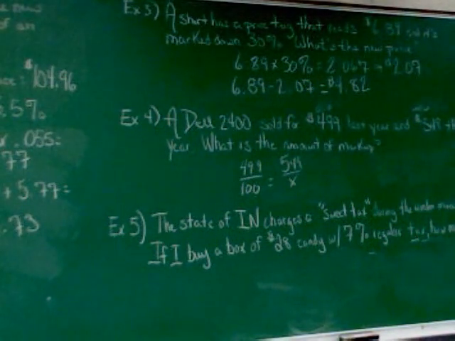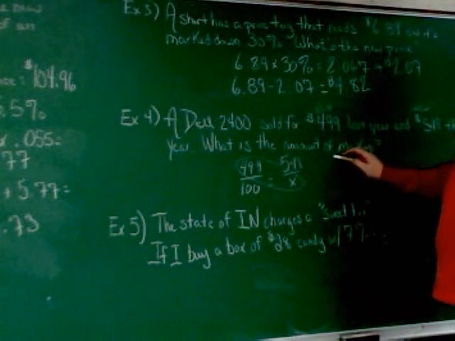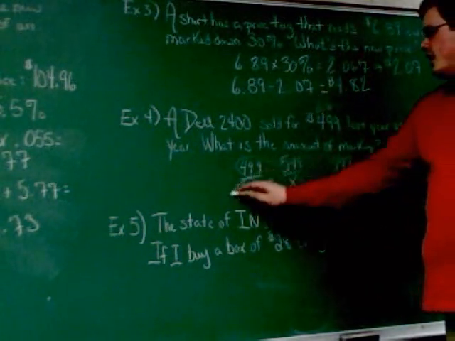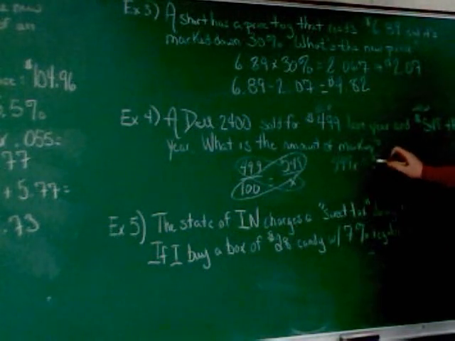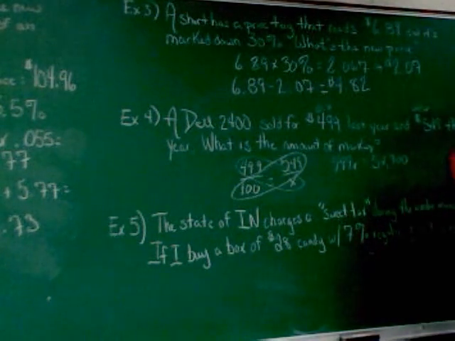All right, from here, we go ahead and cross multiply. So in the one diagonal, I've got 499 times x, which is 499x. On the other diagonal, I've got 549 times 100, 54,900.